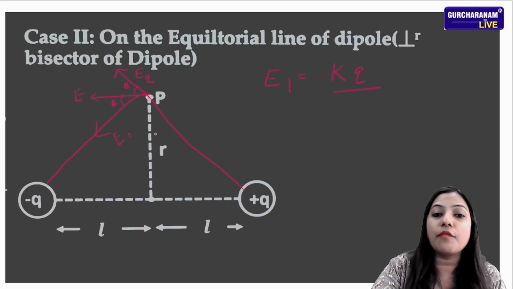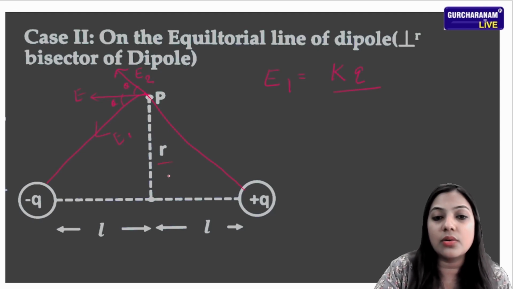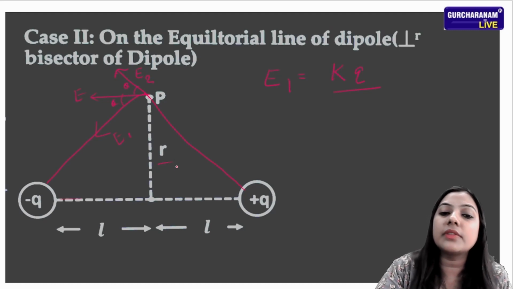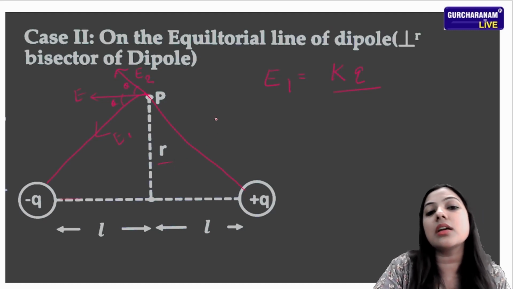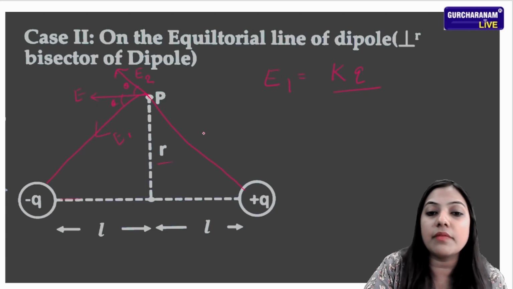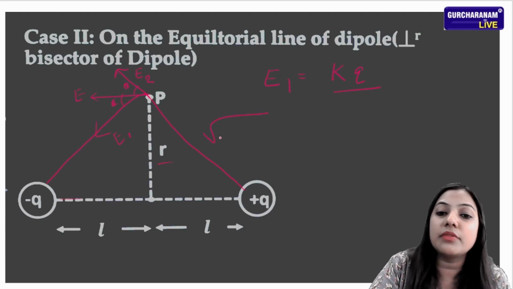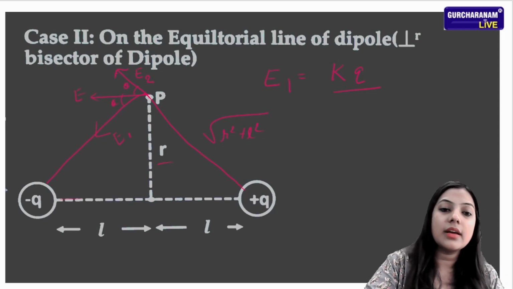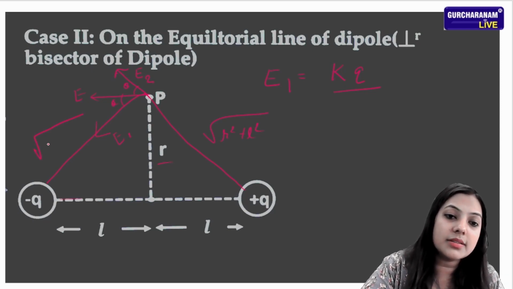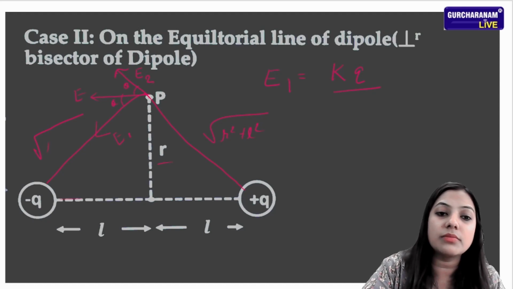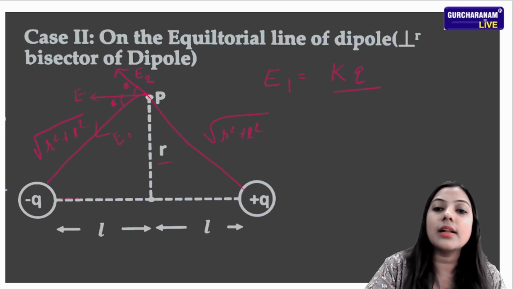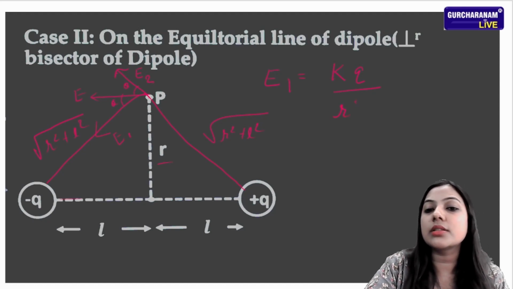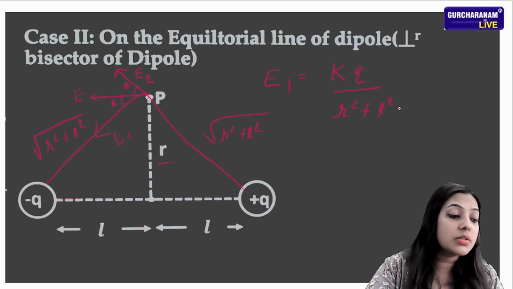The perpendicular is r and the base is L. With the help of the Pythagoras theorem, we find the hypotenuse, which is r square plus L square. It is the same for the other charge also, r square plus L square.